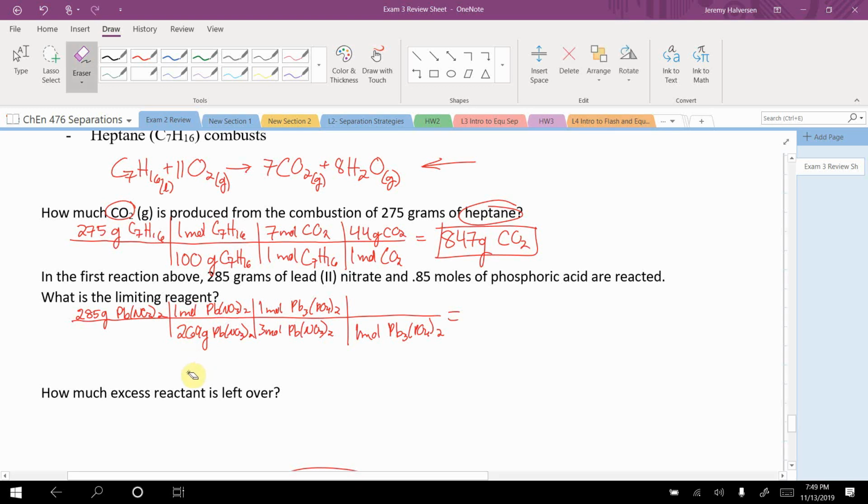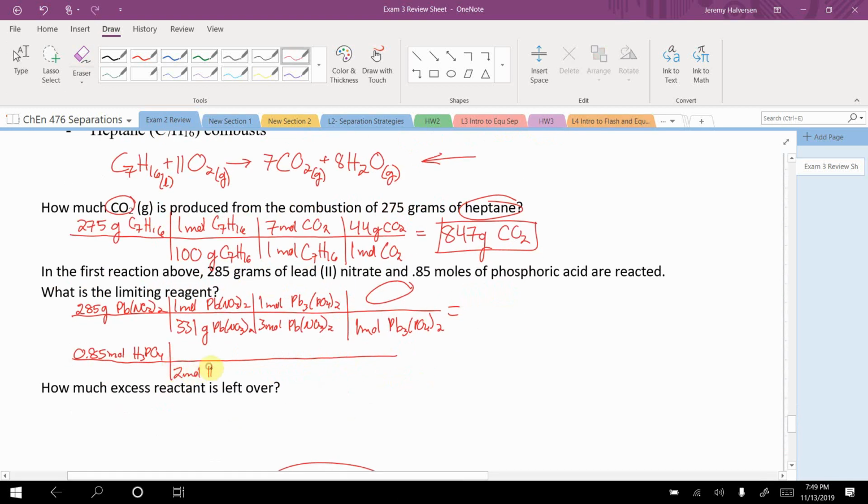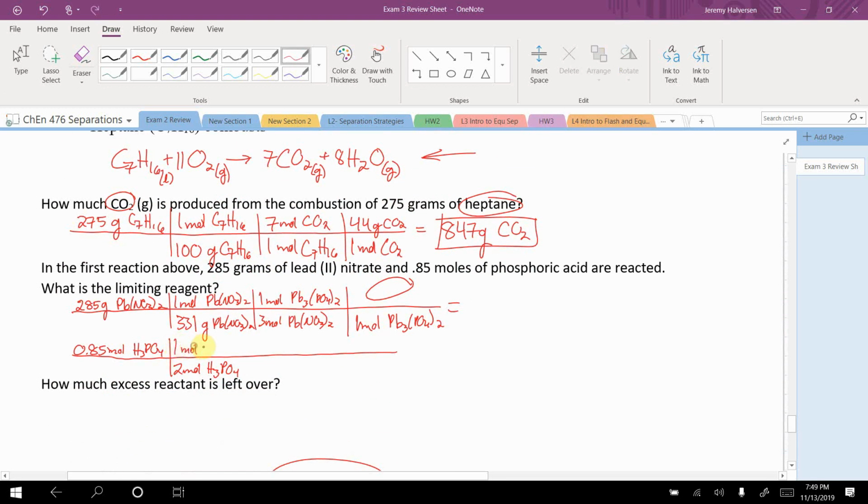Oh yeah, you're right. So I'm pretty sure it's the second one. Okay. And then somebody figure out this one while I write out the other one. Nope, I don't need to do that. I'm already in moles, so I can just say 2 moles of H. I got the second one. Okay. What is it? 779.